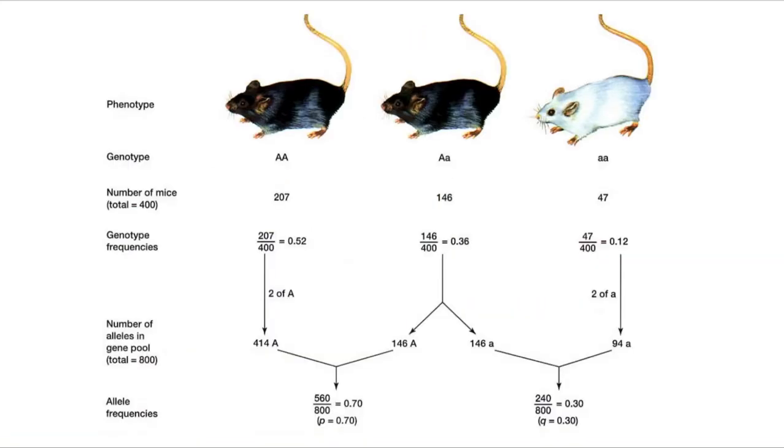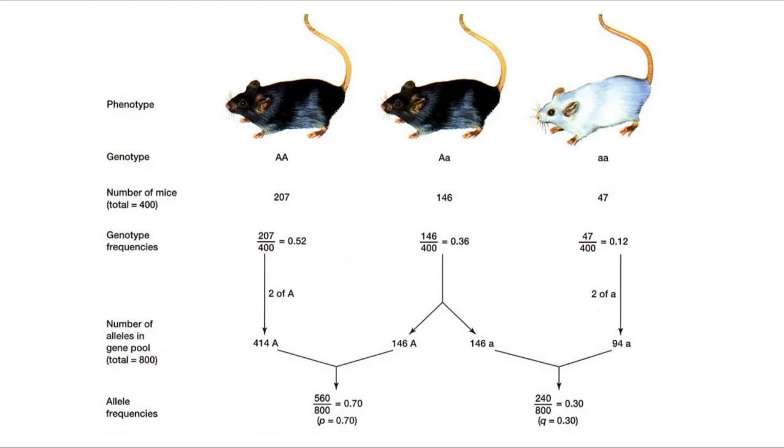Here's an example. We have a bunch of mice. The black allele is dominant to the white allele. The population of mice is 400 mice. There are 207 homozygous dominants, 146 heterozygotes, and 47 homozygous recessives.